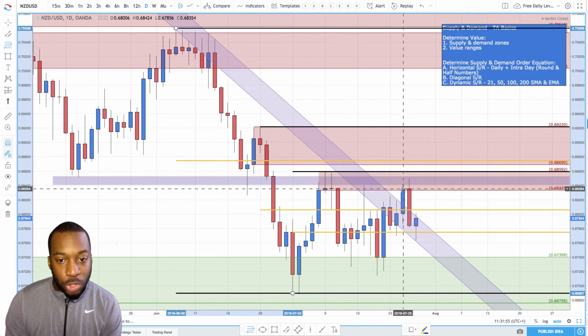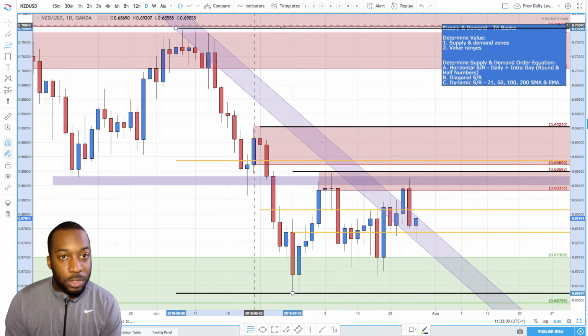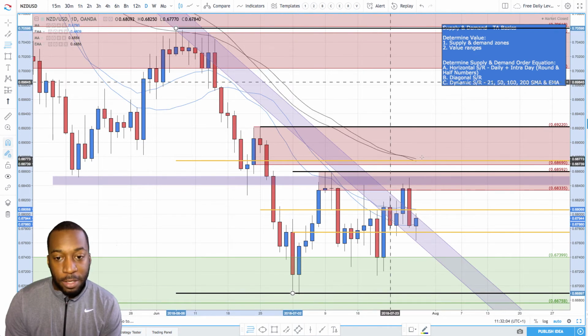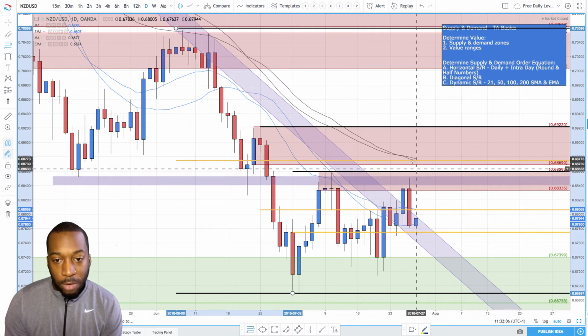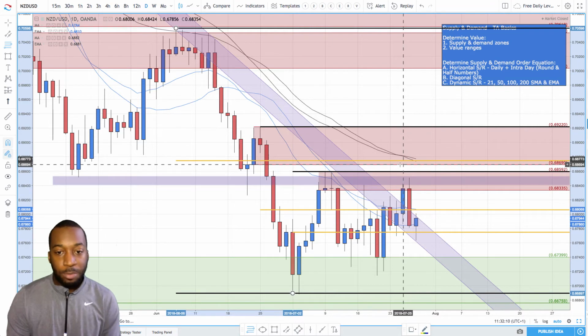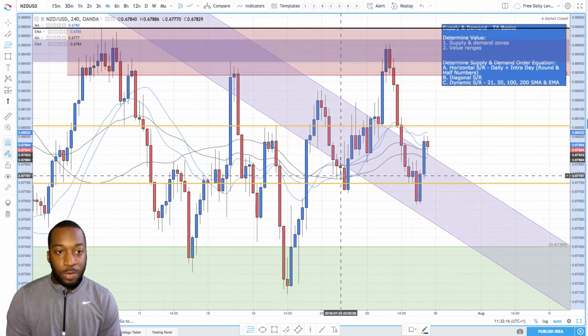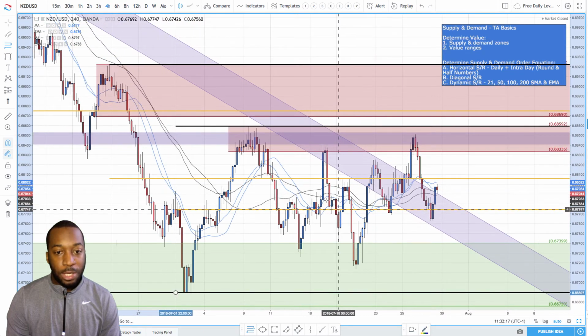Diagonal, not so much, it kind of broke through. Let's look at some dynamic support and resistance. I don't think we got anything on there, but we did have it a bit higher up right here. So we didn't have everything in alignment, but my fundamental and sentiment bias was to the downside anyway. Zoom down into the 4-hour chart, and this is what it looked like.